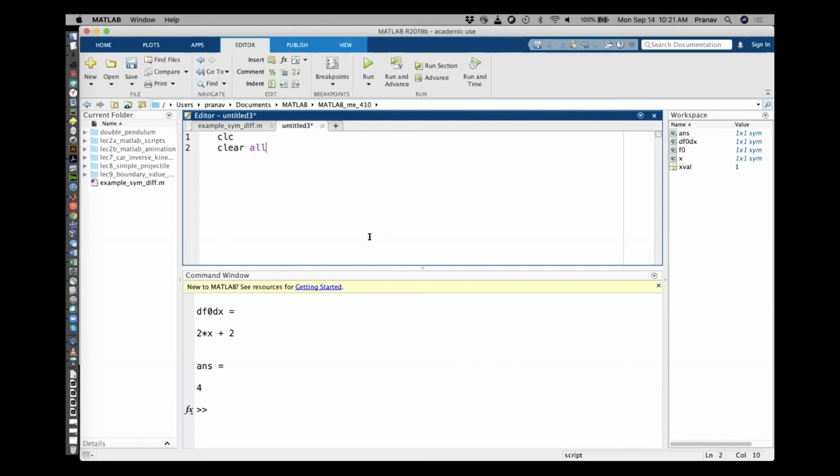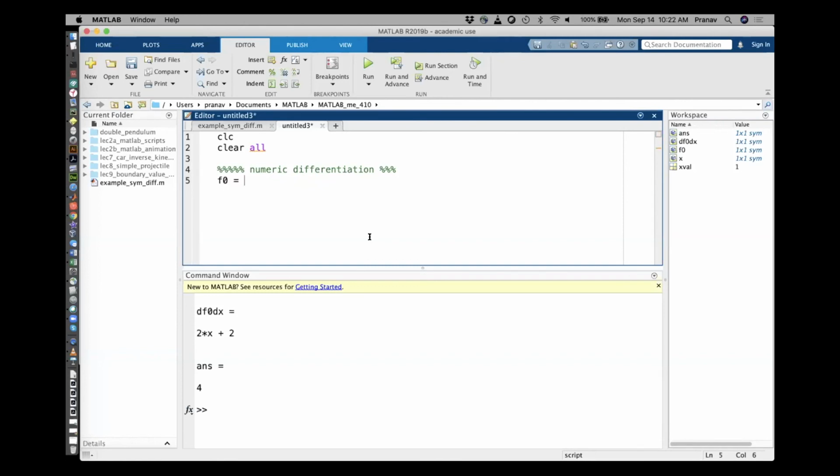So clear all, numeric differentiation. Again, syms x real. Sorry, I don't need syms x because I'm not really using the symbolic toolbox.